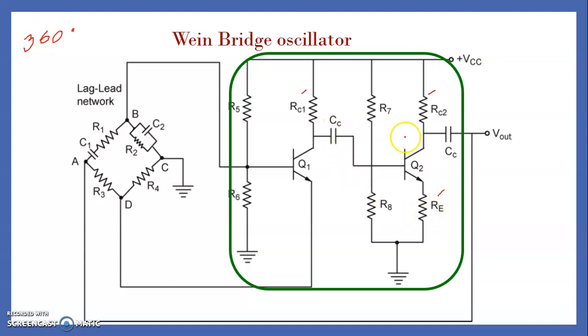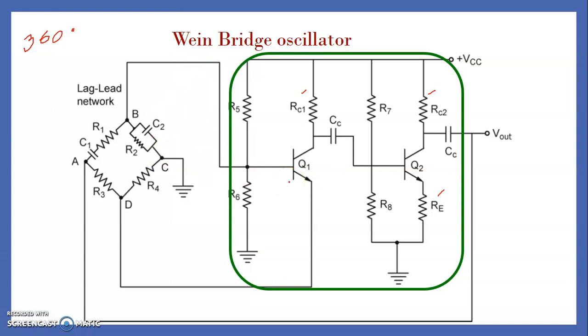The CC are the coupling capacitors. The only source is the DC source VCC. We take the output from Vout, and this output is fed back through a feedback network into the base of the first transistor.